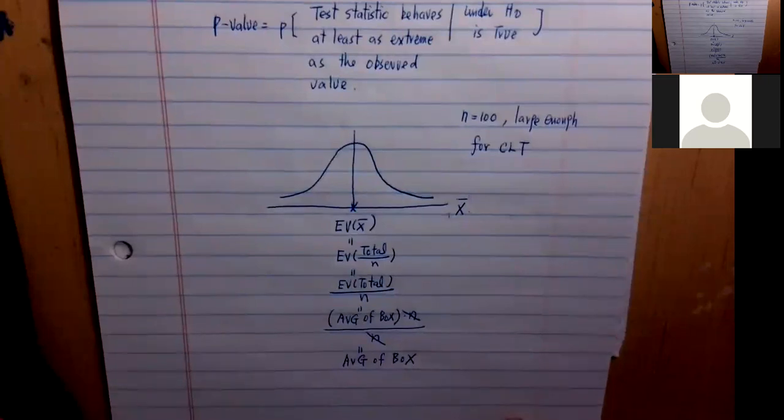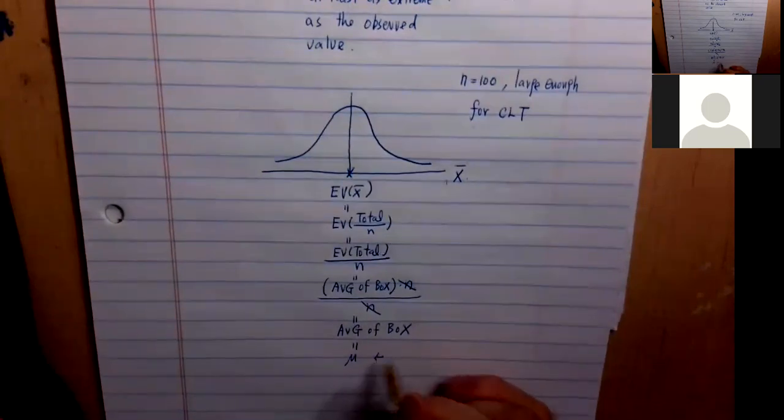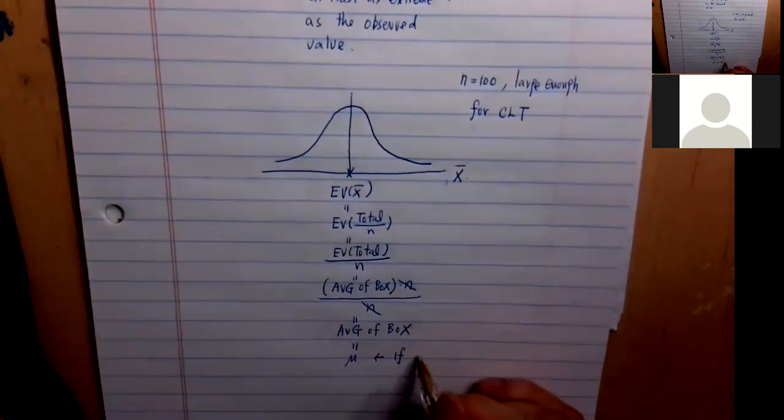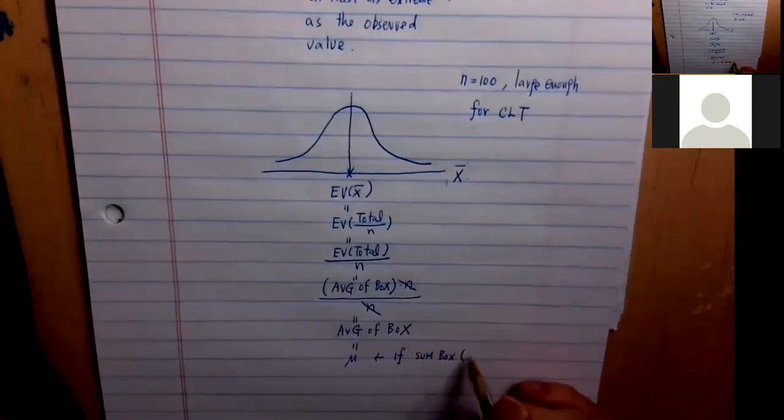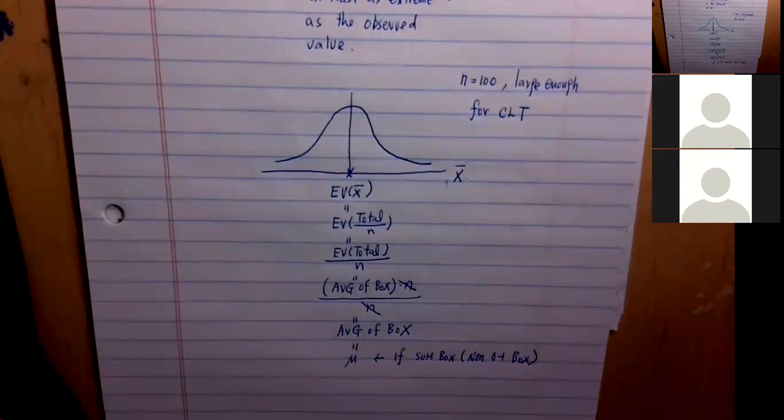Depending on whether it's a count box or sum box, it's mu if it's a sum box, or non-01 box, or it's pi if it's a count box, a 01 box. And under H0 is true, it's a fair coin, right?